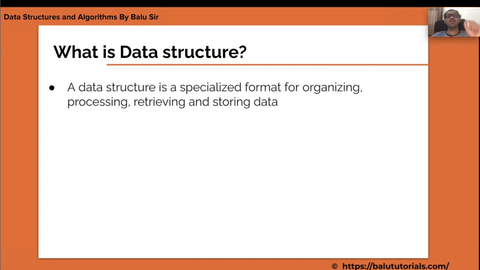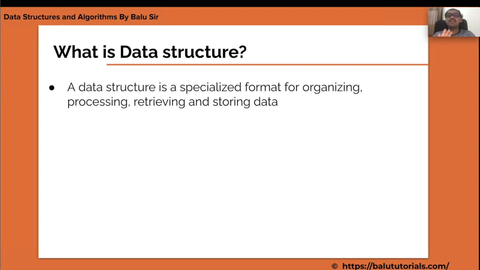Okay, so a data structure is a specialized format for organizing, processing, retrieving, and storing the data. That means information. That means if you are going to store a piece of information in the memory, retrieve it from the memory, or manipulate it in the memory, it is all about the data structure.